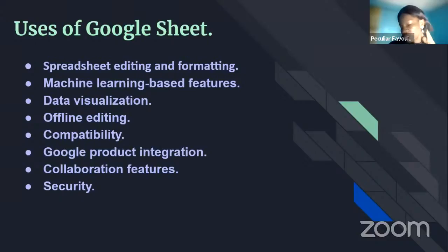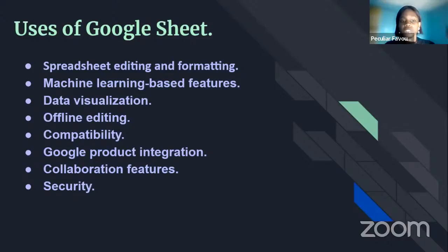We talked on this in my last KD, where you can edit in real time. You can have multiple team members working on a particular sheet in different locations. We talked on the machine learning based features, the data visualization, the offline editing. We also talked about the fact that you can use Google Sheets online and offline.